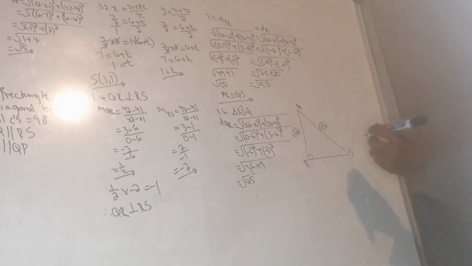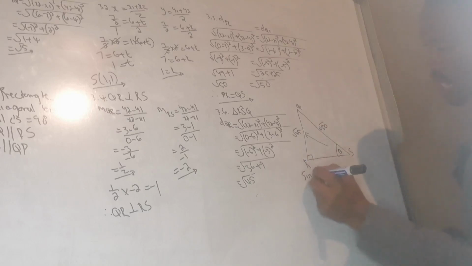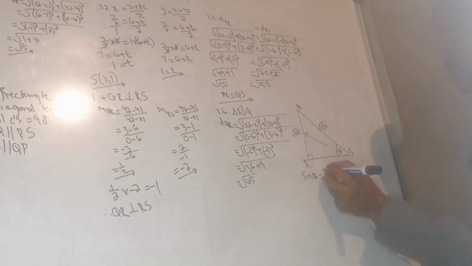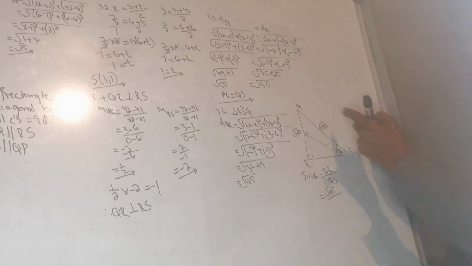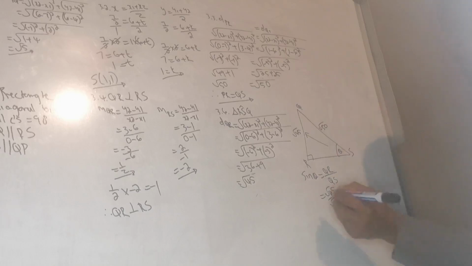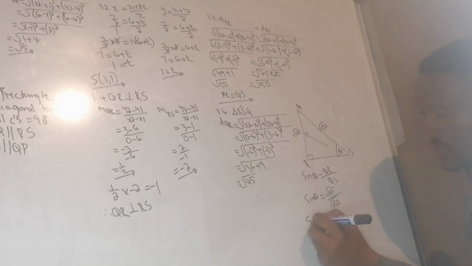Right, to find angle S, we use trigonometric ratios. Sine is opposite over hypotenuse. So the sine of theta equals opposite over hypotenuse, which is root 45 all over root 50. Okay, sine of theta. I can rewrite this as root 45 over 50.